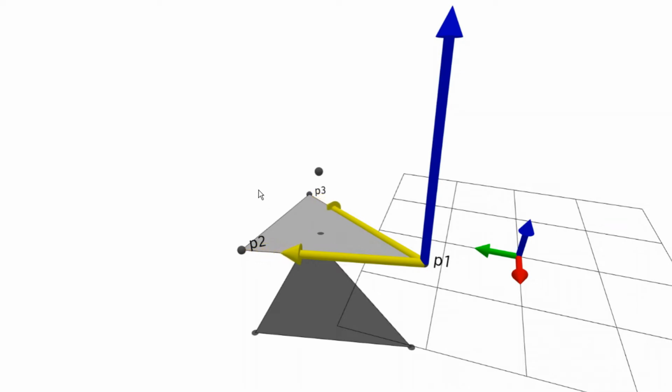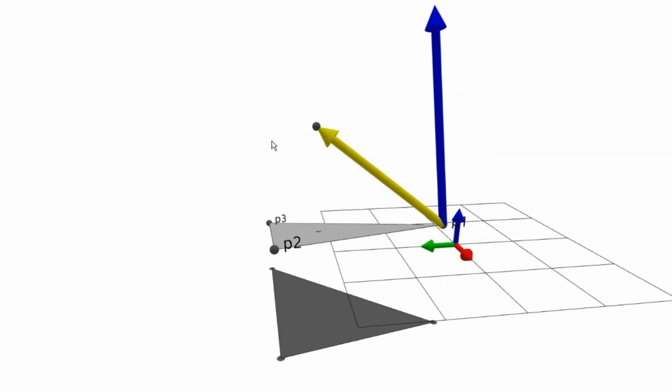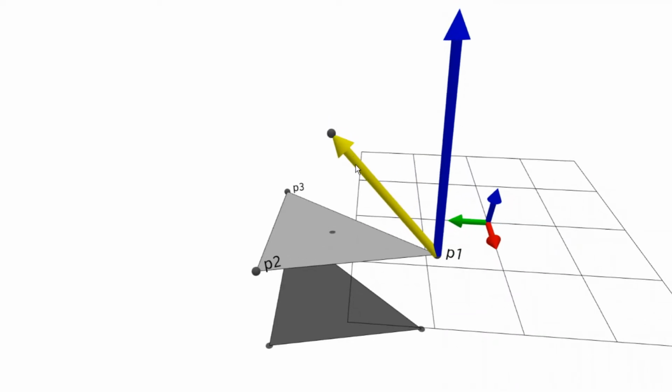Now that we have the normal vector, we want to think about the position of this point relative to the plane, this vector, and we want the normal component of this vector so that we can add that normal component, or actually the negative value of the normal component, to get the projected point on the plane.